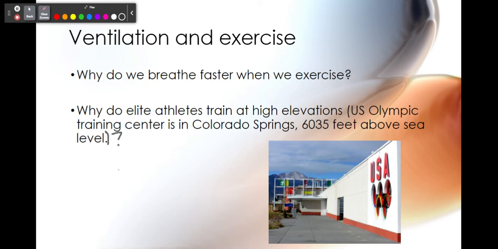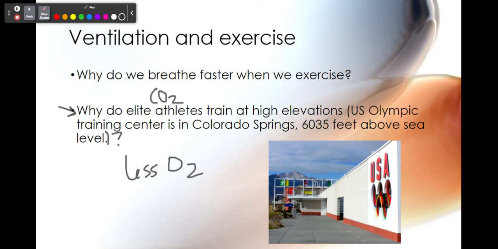Why do we breathe faster when we exercise? Because we're making more CO2. And if I have more CO2, I need to breathe faster to get that CO2 out. Why do elite athletes train at very high elevations? Because there's less oxygen. This is crazy cool. Because there's less oxygen gas at those higher elevations, the red blood cells of these athletes actually learn to accommodate that lesser amount of oxygen.